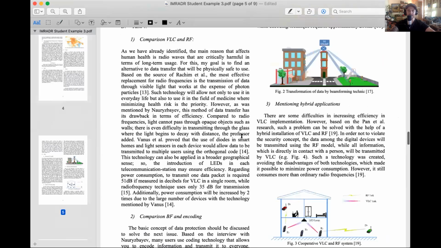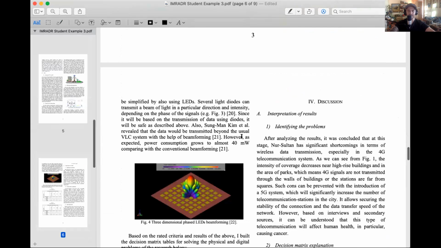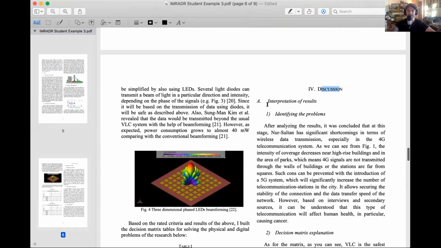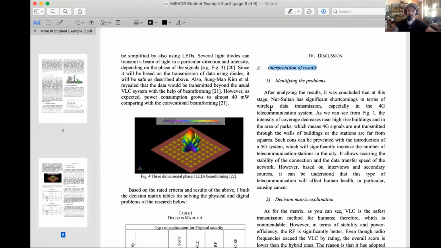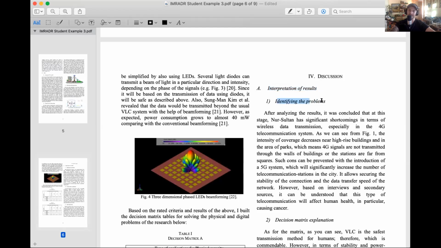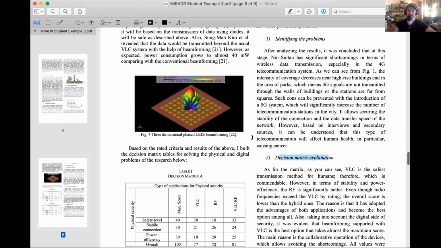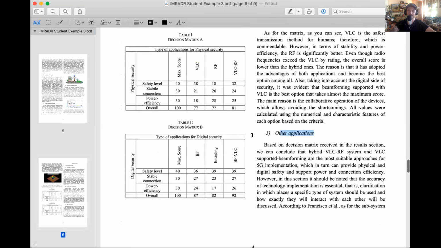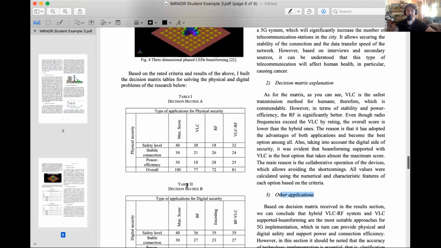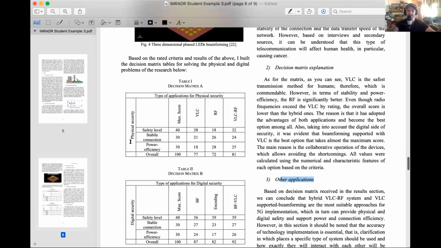Notice here in the breaking down of information, in their discussion section, they also have an interpretation of results. And then they have subsections identifying the problems, the decision matrix explanation, other applications. They actually created 2 decision matrices, one about the physical security, one about digital security, because their main problem was 5G security issues, physically and digitally.